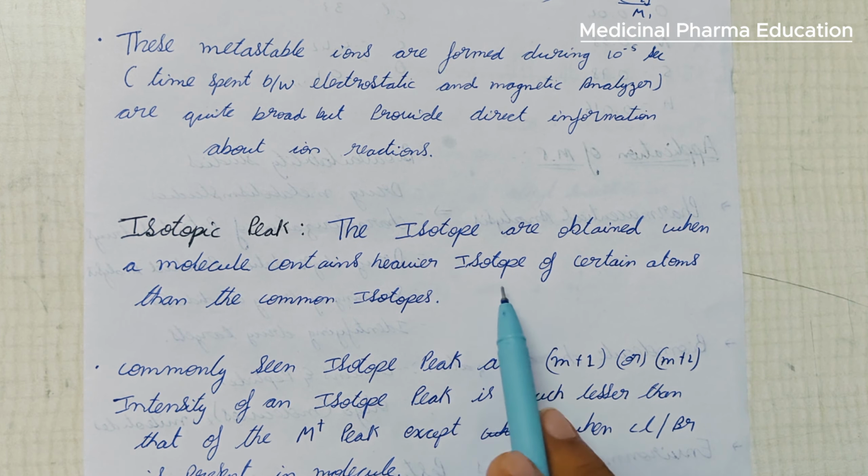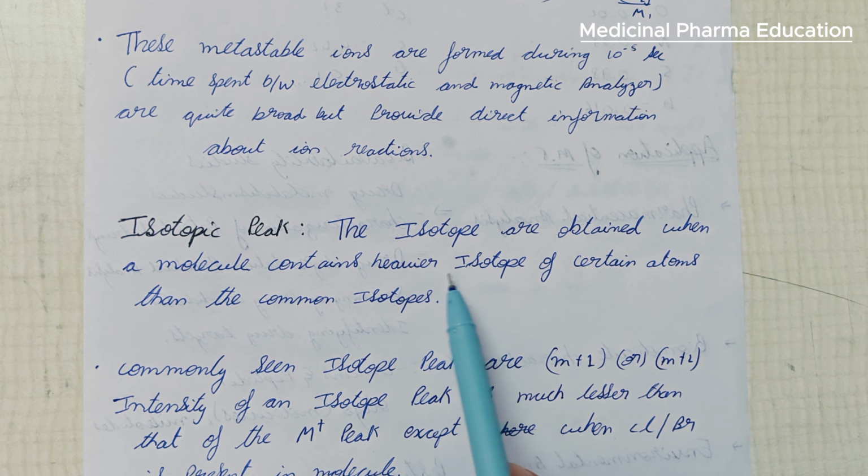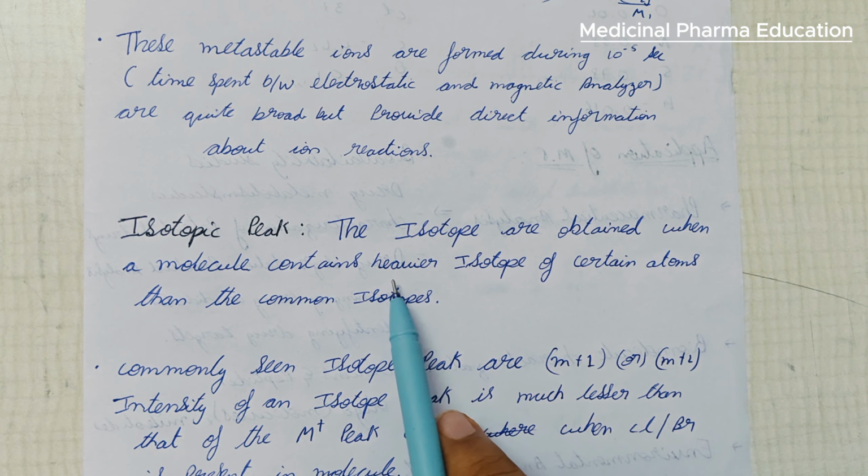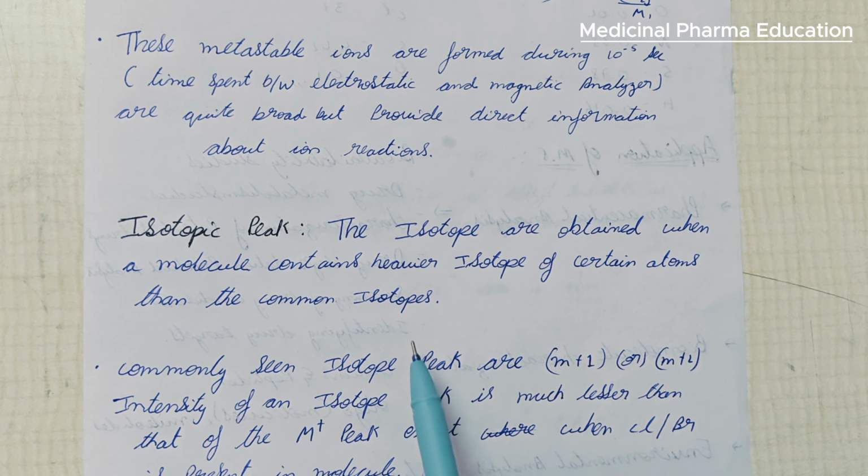Next, isotopic peak. The isotopic peaks are obtained when a molecule contains heavier isotopes of certain atoms than the common isotopes. If we use the heavier isotopes than the common, then isotopic peaks are formed.